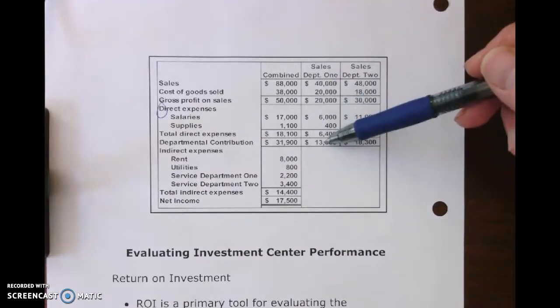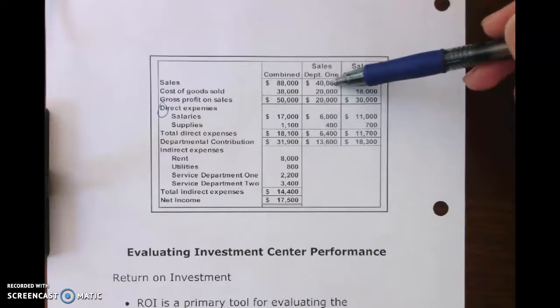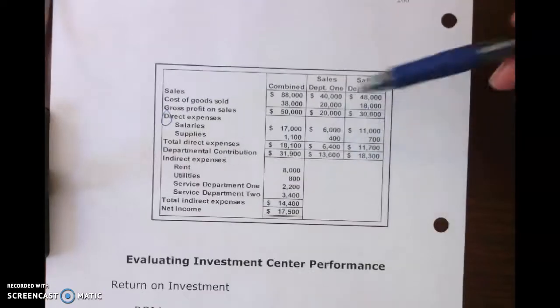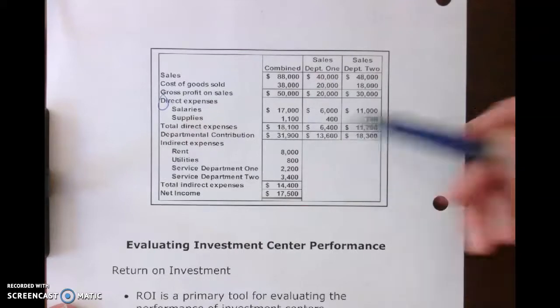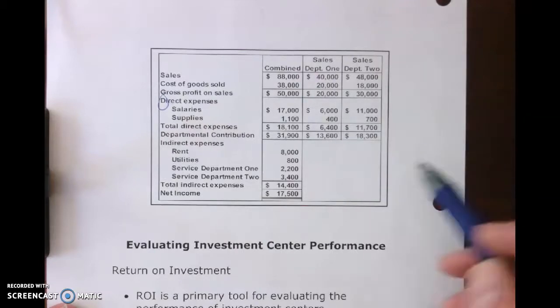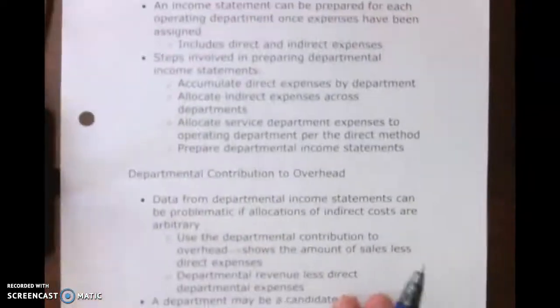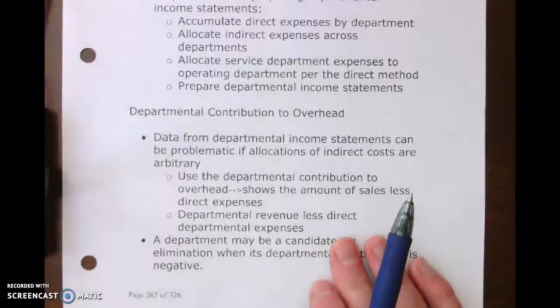So the way we calculate this number is we take our sales minus those expenses that are directly traced to that division, which gives us our departmental contribution to overhead. And this is important, and let me come back over here and talk about that and hit some of these bullet points over here.